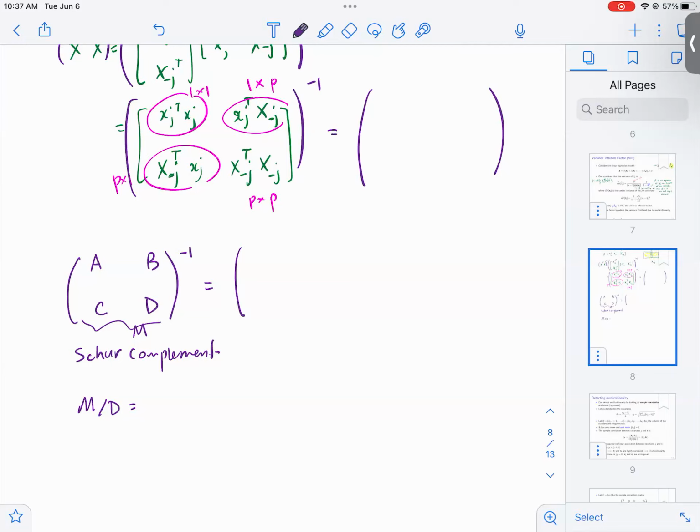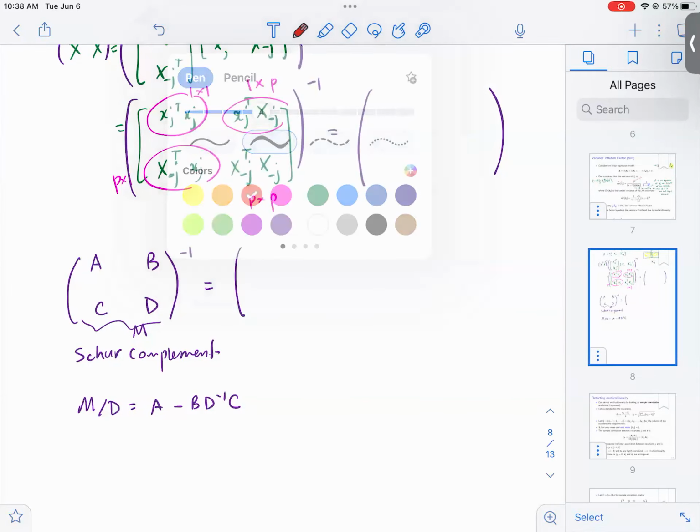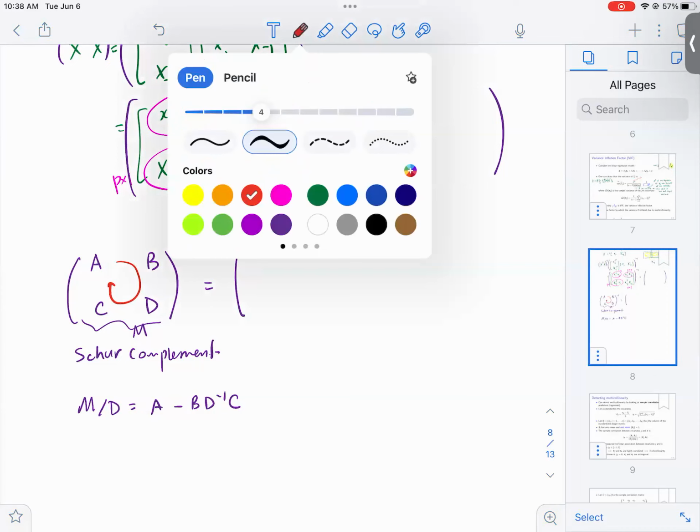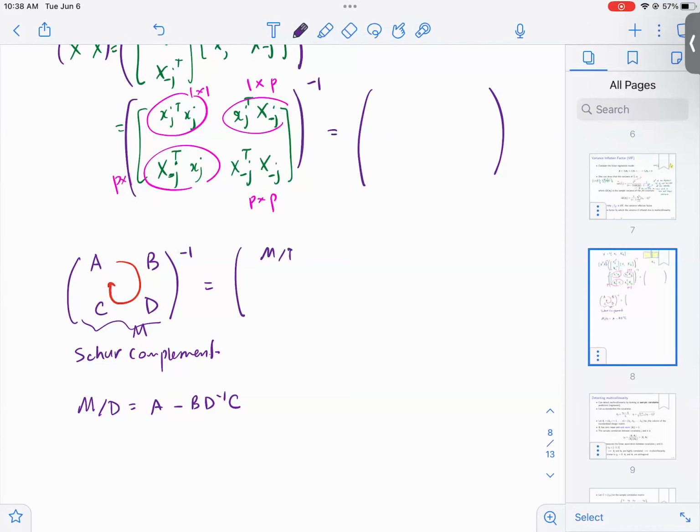So there will be A minus B D inverse C. Okay, so it goes like, this is a very useful property. So A minus B D inverse C. If D is invertible, you get that, and the first block here would be M/D inverse.